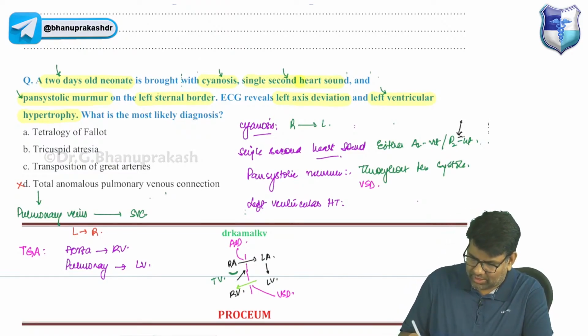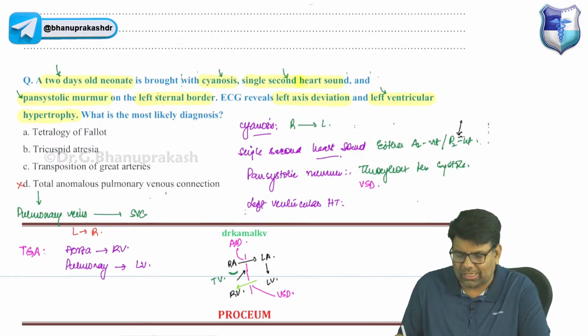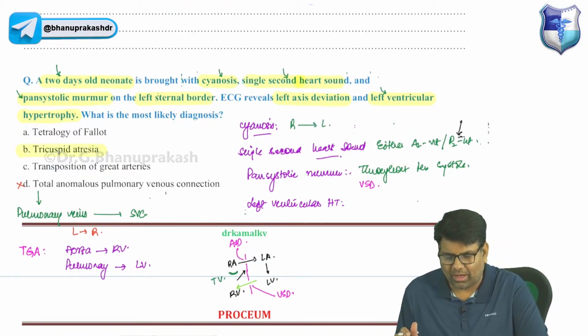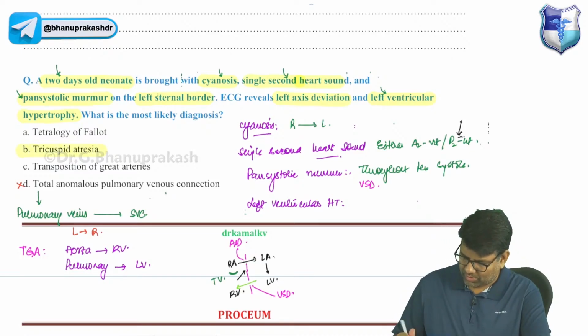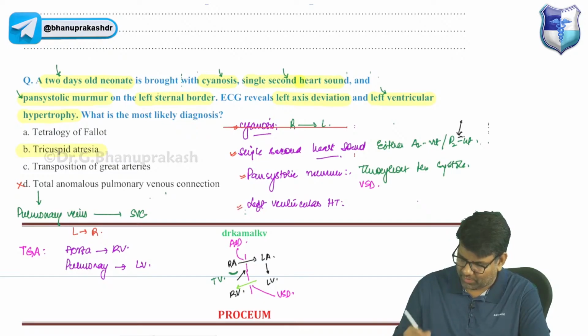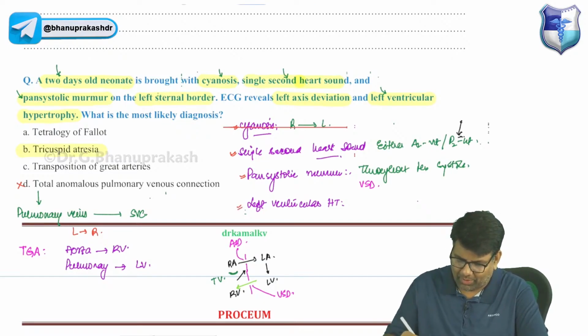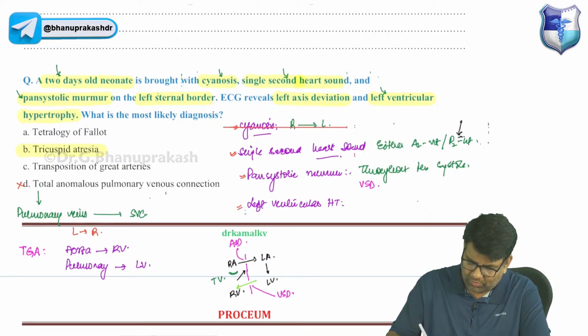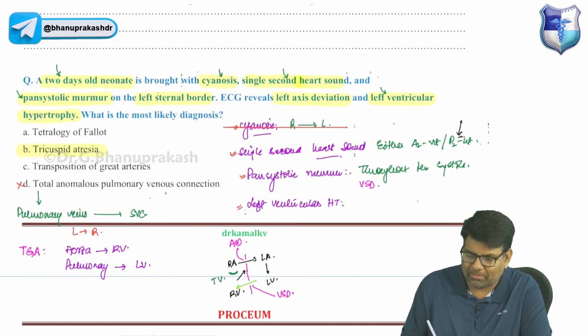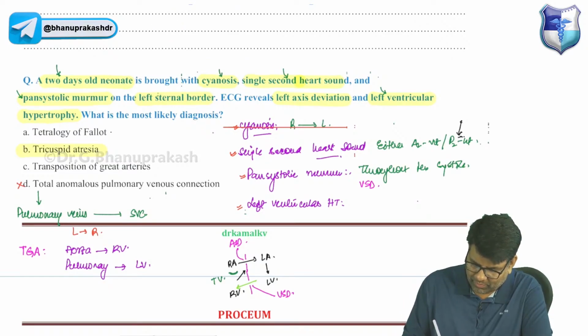So considering this particular question, although this is a little complicated, tricuspid atresia becomes a better answer. Because we can explain pansystolic murmur, we can explain the single heart sound, cyanosis and left ventricular hypertrophy. Now most of you must agree, which chamber hypertrophy is seen in tetralogy of Fallot? Any idea? Which chamber hypertrophy is seen?